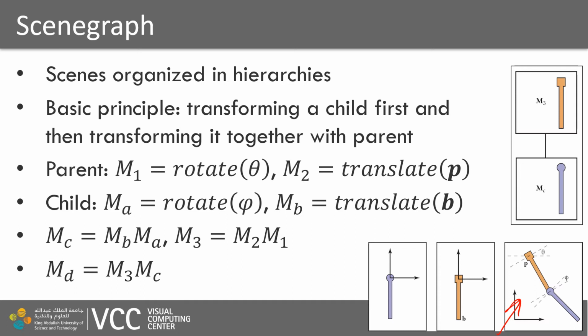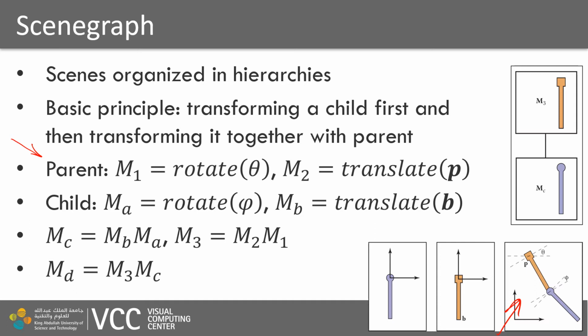We have two parts of the pendulum. The blue part is the lower part, and the upper part is the orange one. And the transformation of this pendulum will be to first, for the upper part, which we call parent now for a moment, we will explain why.